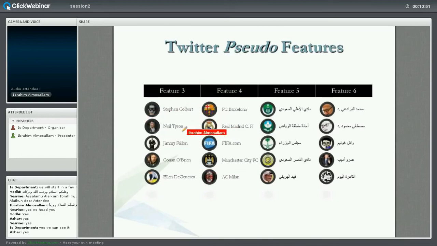Notice that Neil Tyson, a scientist and the director of the Hayden Planetarium, has a great sense of humor, so it makes sense that he was ranked number 2. The second feature is the footballness of the account. The fifth is the Saudi-ness of the account. The sixth is the Egyptian-ness of the account, and so on.